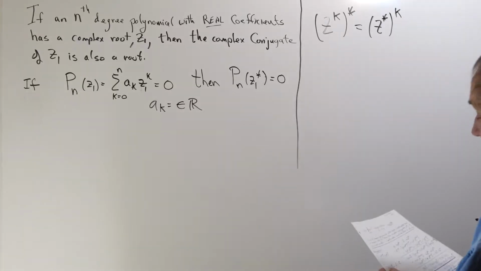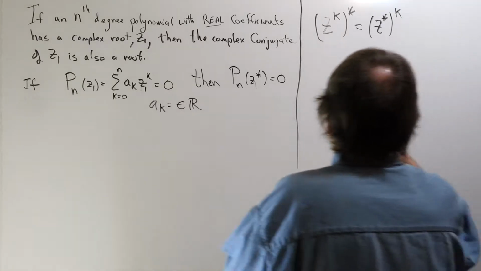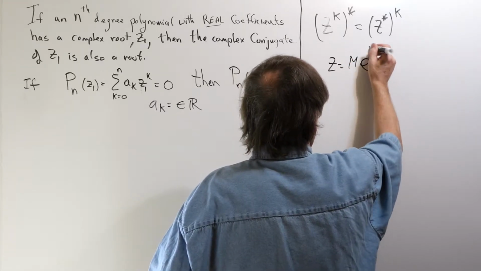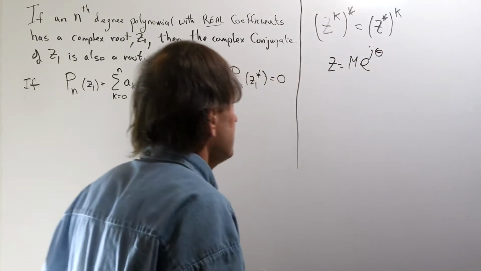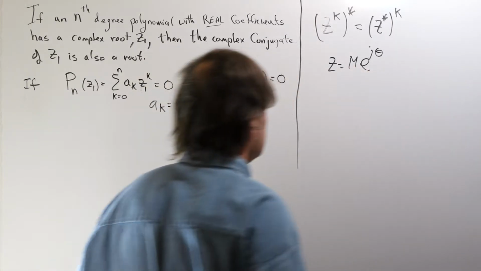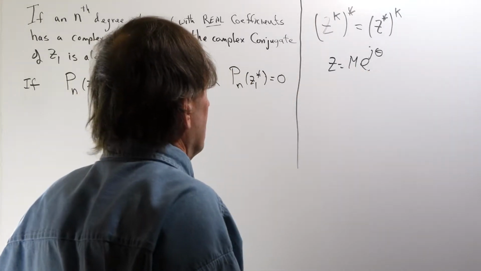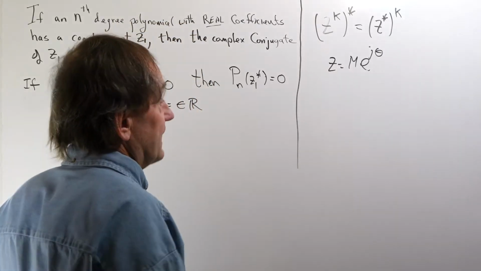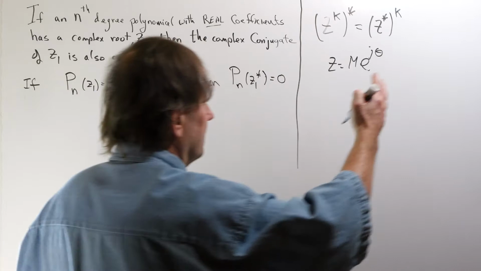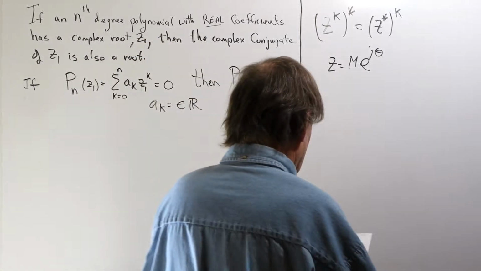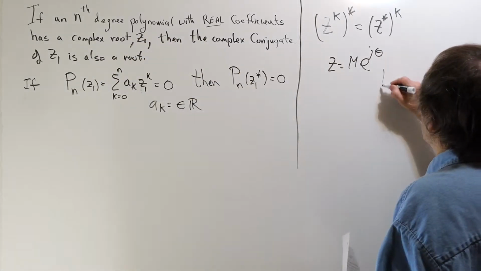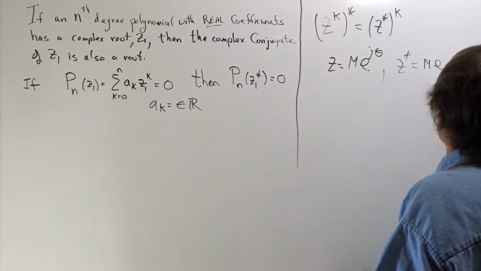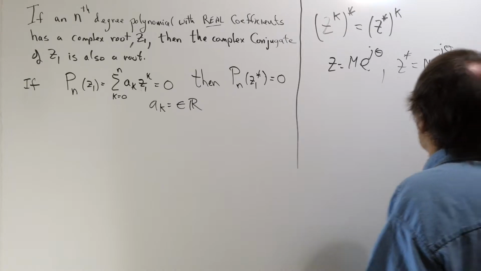And we can easily show that by writing z in its polar form or exponential form. So we have z is equal to its magnitude times e raised to j theta, where theta is the angle established by the arctangent of the imaginary part divided by the real part. If this is z, then z conjugate has the same magnitude but the opposite angle.